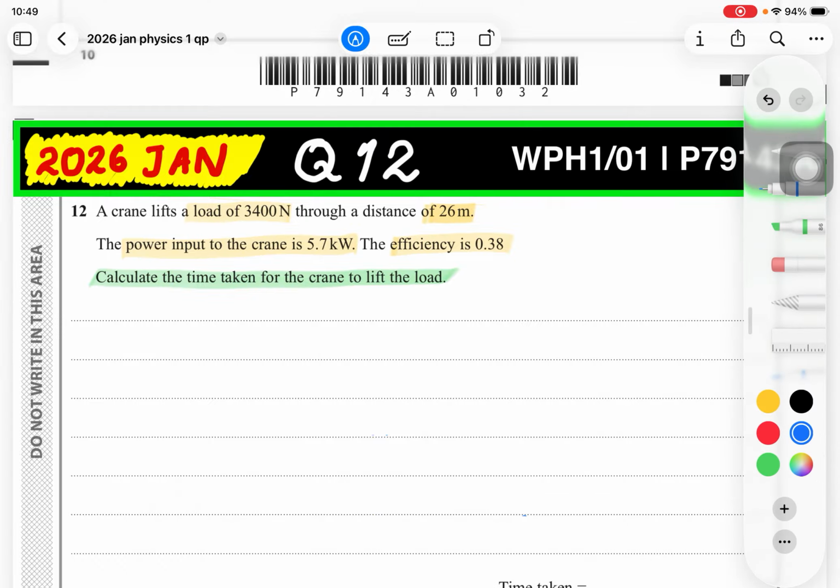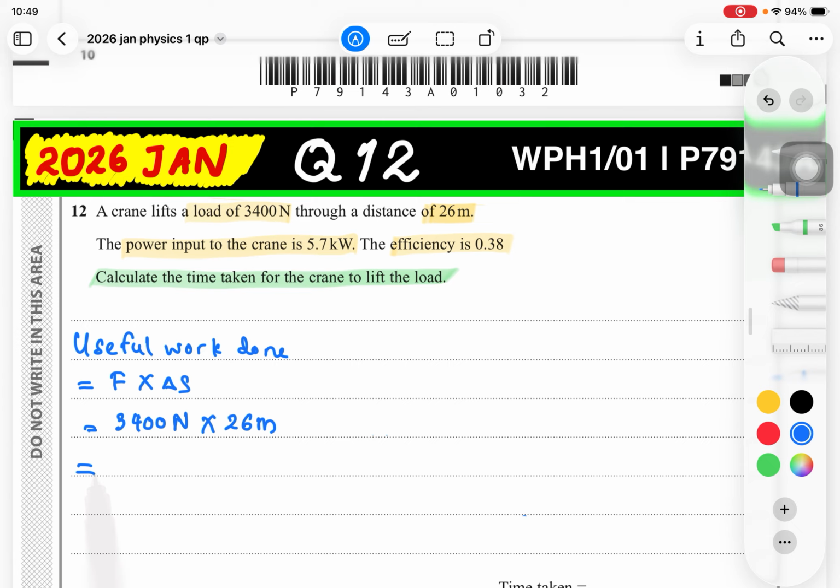So let me put it here. First of all, let's see how much useful work was done. So we can say useful work done. We know that to get the work done, we can easily do it with F times delta X. So the F is going to be 3400 newtons times how far it went, which was 26 meters.